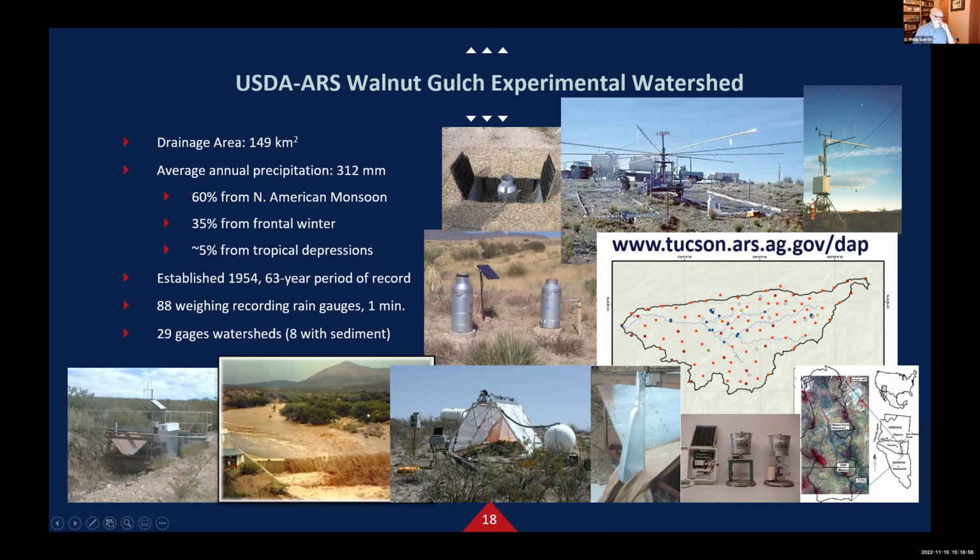I'd like to show you this picture down here. This is the outlet, Flume 1, the outlet of the watershed. It very seldom flows here because we're dealing with ephemeral channels. But when it does see water flowing, that water is usually filled with sediment. So we do have very high sediment loads coming from this watershed.